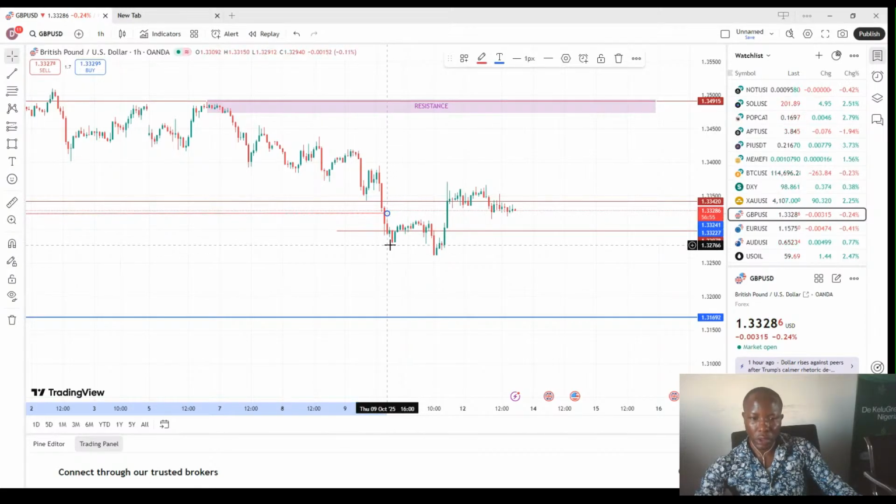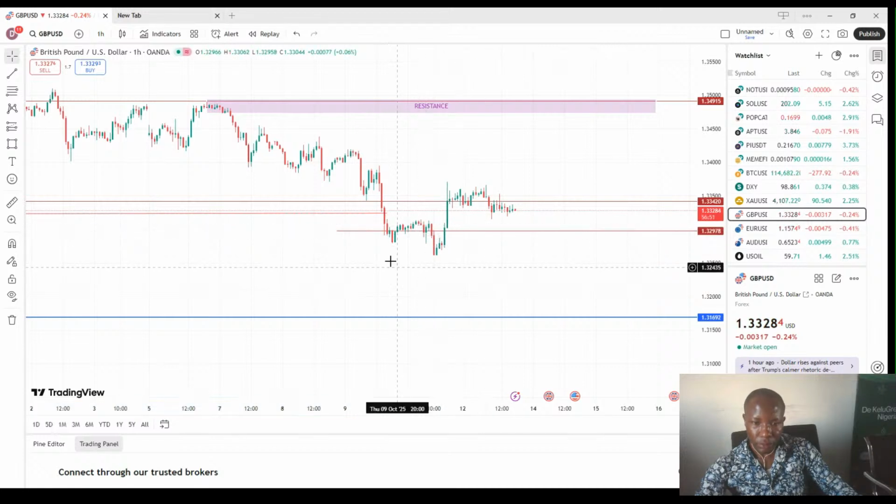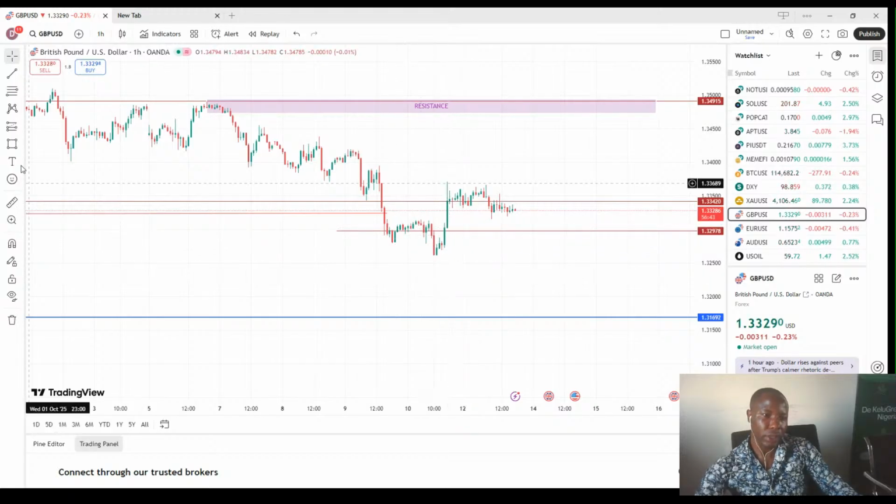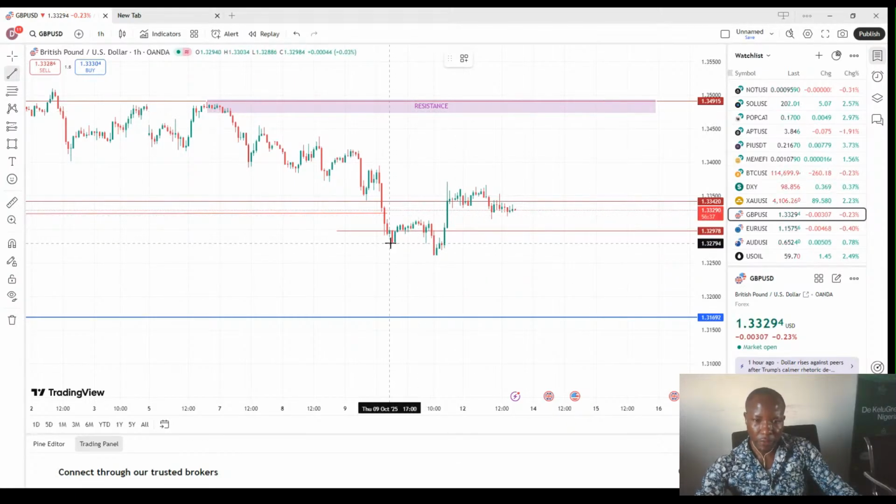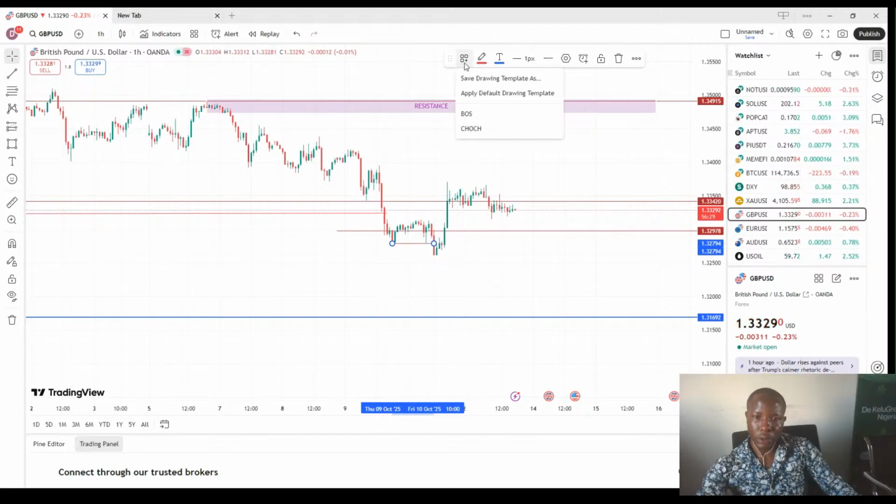So okay, now we have this break of structure here, but did it close the candle above? Yes, it closed above the candle. And that was why this market is reversing to go into this resistance again. So we have a break of structure here, BOS.